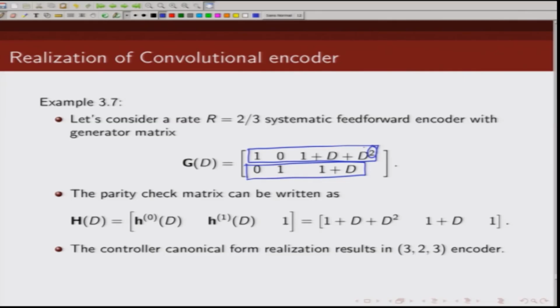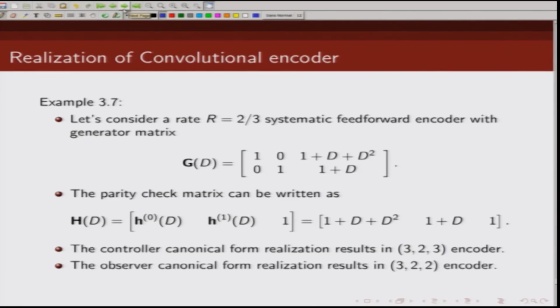So, in total we will require 3 memory elements. That is what I said, for the controller canonical realization for this rate 2/3, this is my n, this is k, and this is the memory order. We basically require 3 memory elements to represent this convolutional encoder in the controller canonical form realization.